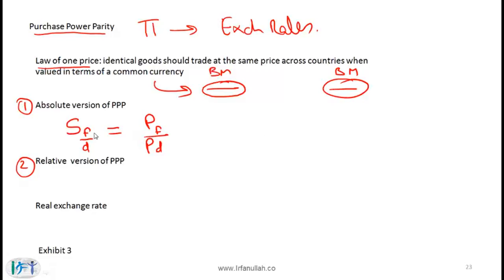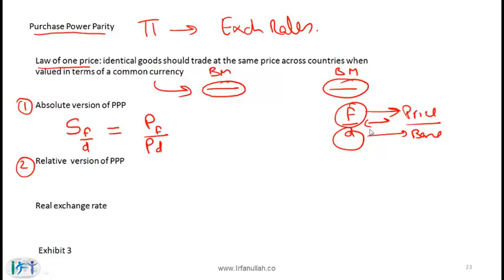Now, note the following. I'm using the terminology of the curriculum. So, in this segment, the curriculum uses foreign currency and domestic currency, but essentially, you can also think of this as price currency divided by base currency. So, throughout this segment of the curriculum, the foreign currency is the price currency and the domestic currency is the base currency. So keep that in mind.